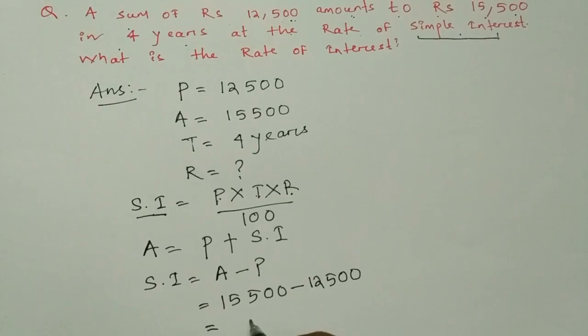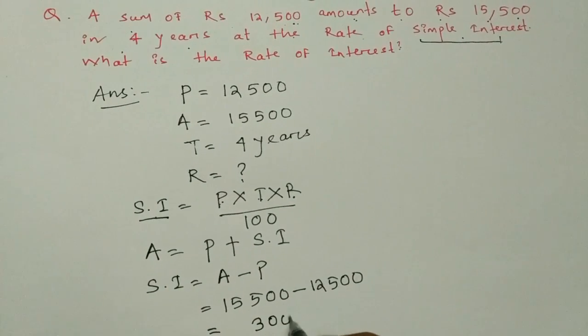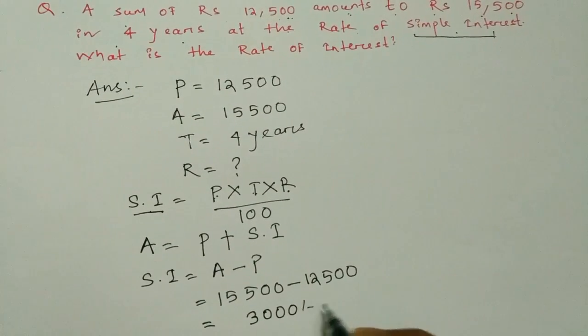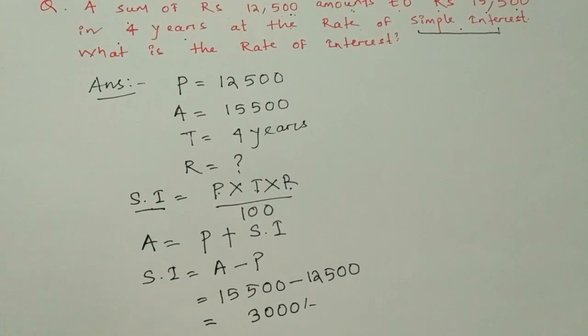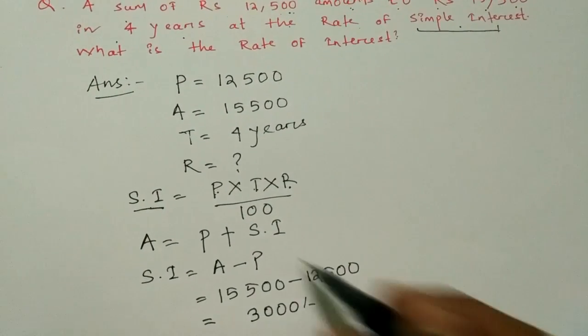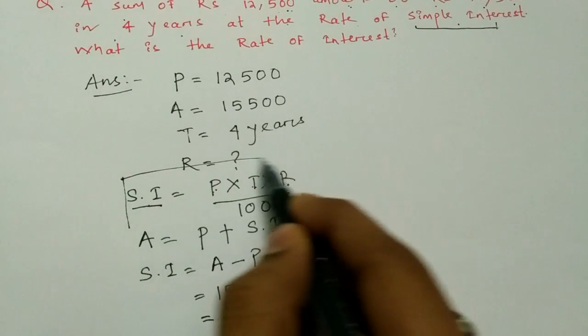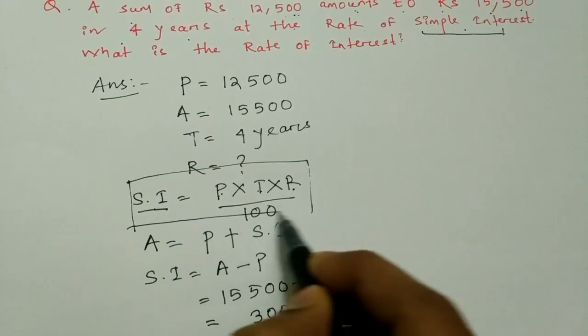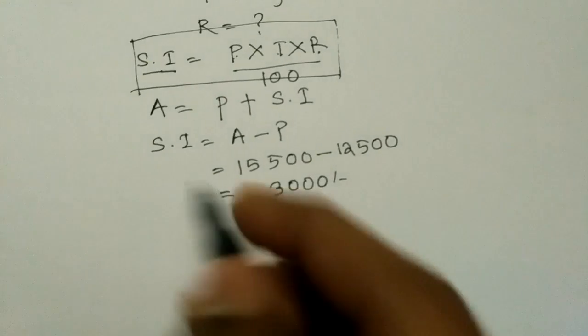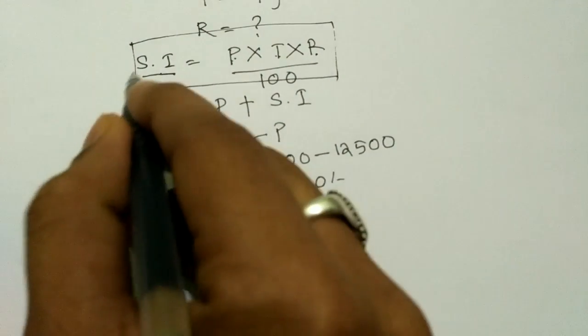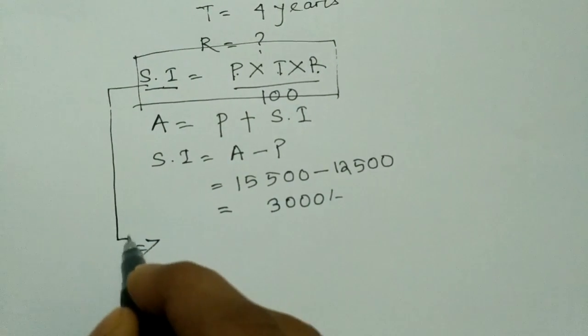Doing the subtraction, we get 3,000 rupees. So now we can put the value of SI in this formula and we can easily get the answer.